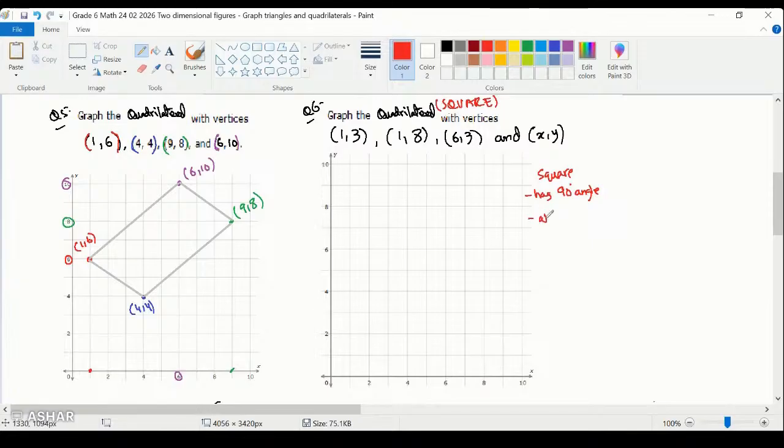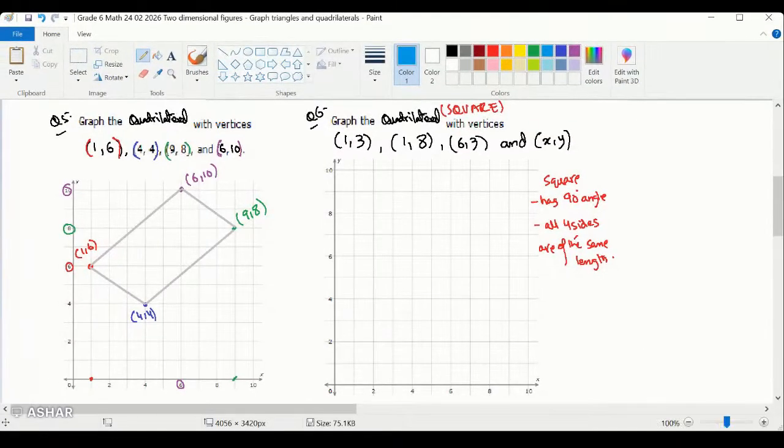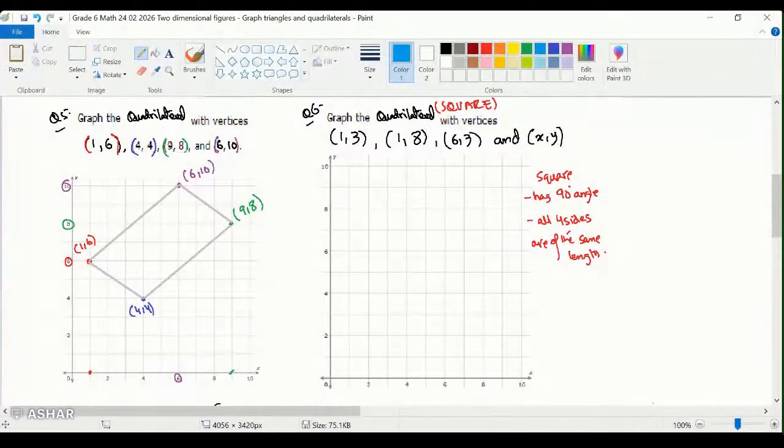And all 4 sides are of the same length. Agreed? That is the definition of a square, right? So what we can say is, if we plot the first point, I can make it very simple. I'm trying to give you a different perspective, right?